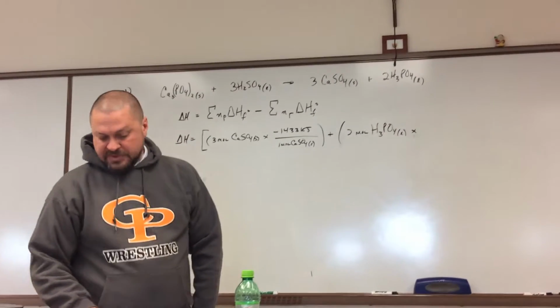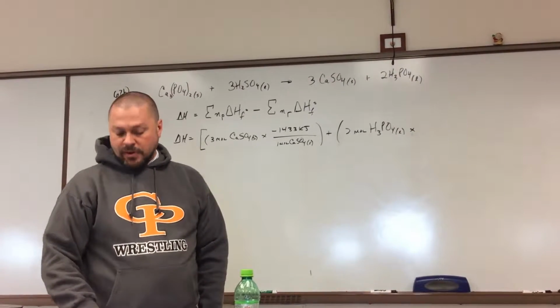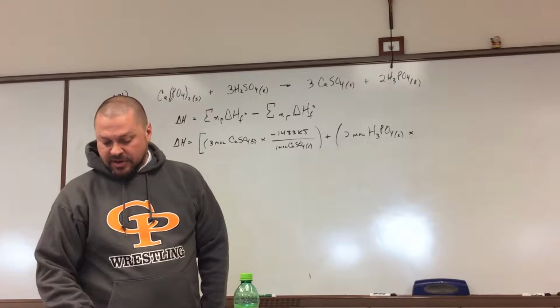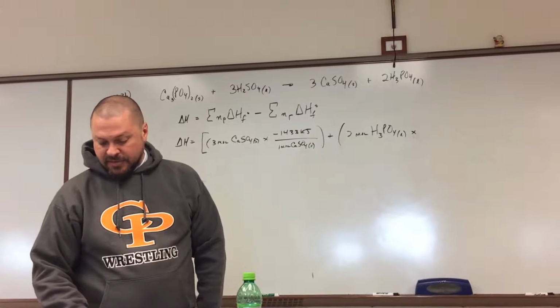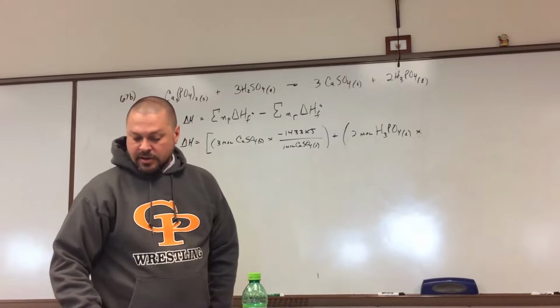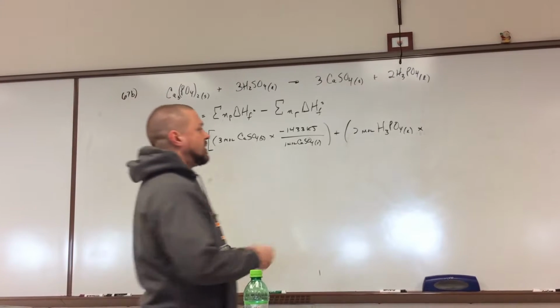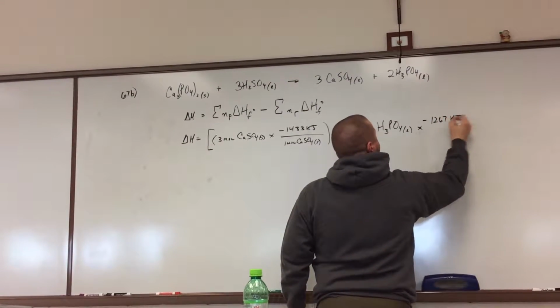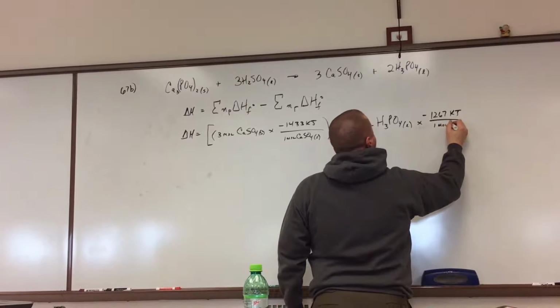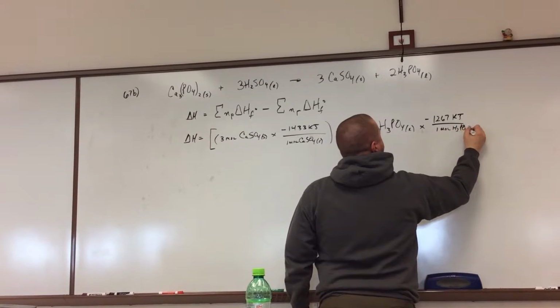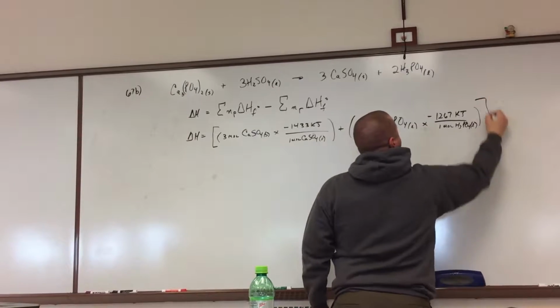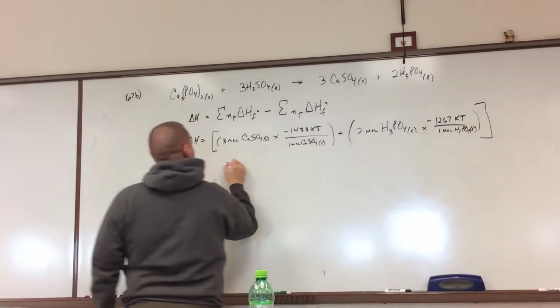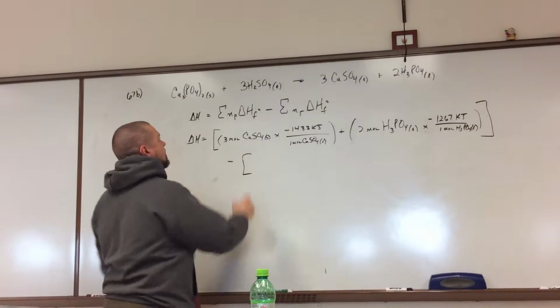And when I look, there's actually 3 different values for H3PO4. There's a value for the solid, for the liquid, and the aqueous. So I got to be careful to make sure that I get the liquid one, which is negative 1267. That's negative 1267 kilojoules per 1 mole of H3PO4 liquid. And I'm going to close all that out.